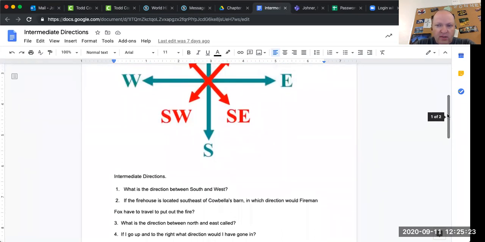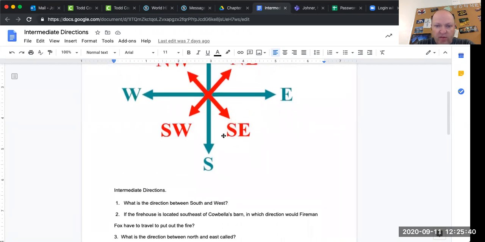If the firehouse, so you got to kind of use this and pretend in your brain here, is located southeast of Calbella's barn. So here's where the firehouse is. In which direction would Fireman Fox have to travel to put out the fire? If the firehouse is here, and Calbella's barn is, let's try this a different way.